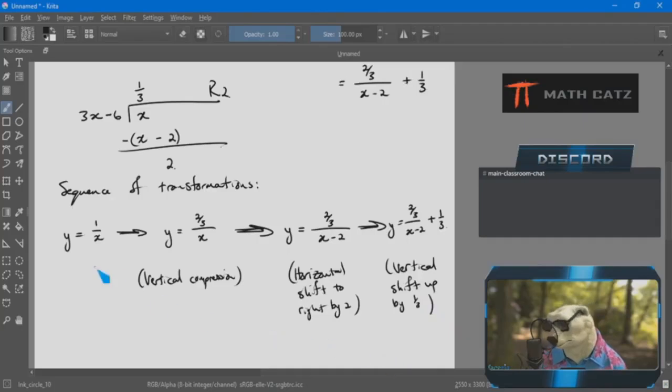And there we go. Of course, you have to be able to do the graph. Sometimes a question is just going to ask you, what is the sequence of function transformations? Then you can stop there. And sometimes it's going to ask you to graph each one to find the graph of the given function. And then we have to just start with the basic one and slowly shift it around and flip it and do whatever you need to do.